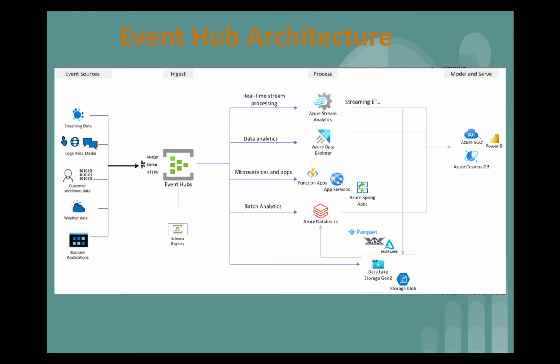Serving layer, your organization may have only Power BI to read, or they can read using Cosmos DB, or they can have Tableau, or they have a data science application or model that is reading from this layer. So there could be multiple different tools here that need data from the serving layer.